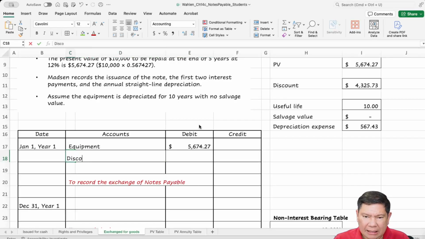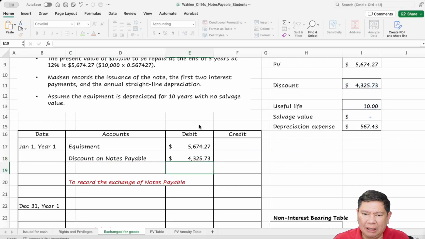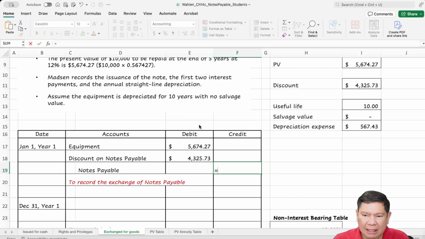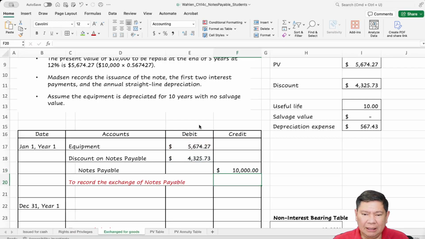And then discount on notes payable, which is for 4,325.73, and notes payable that we will pay in 5 years is, I can just add those two, $10,000, the face value of the notes payable.